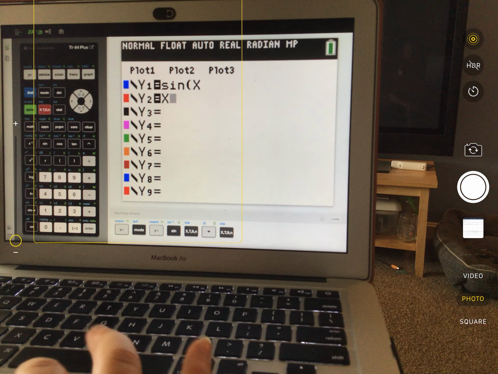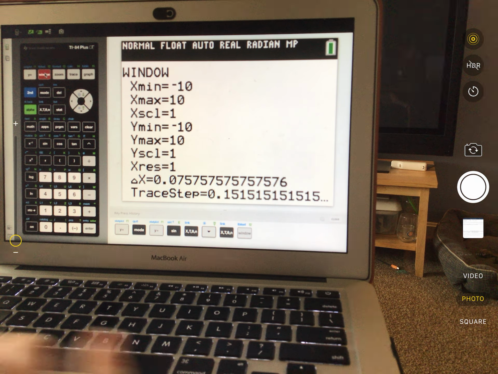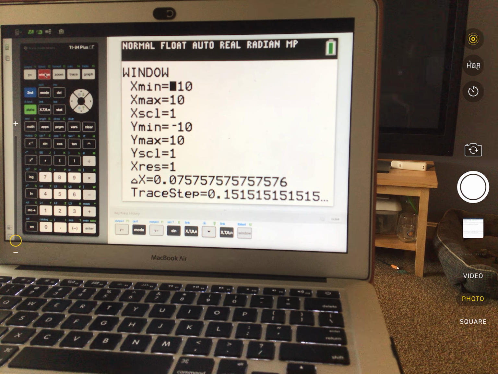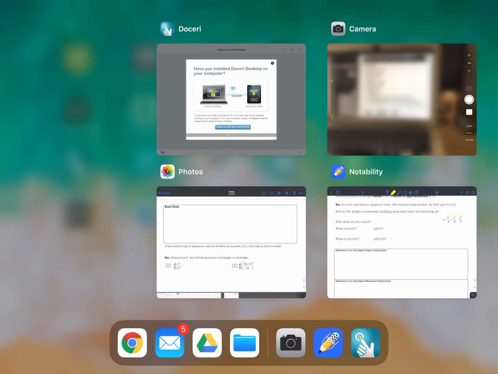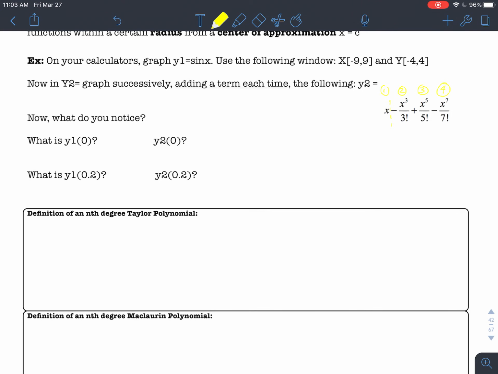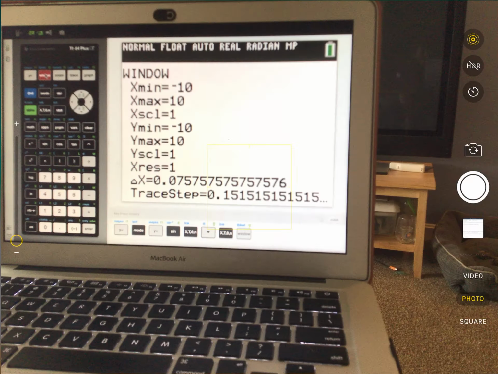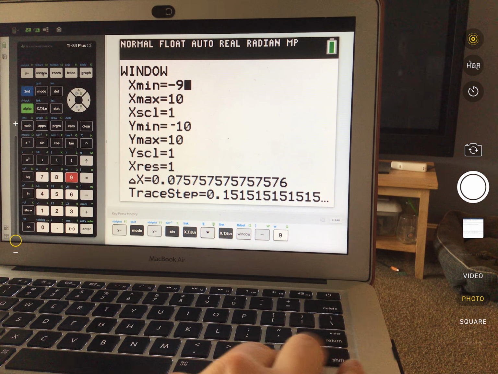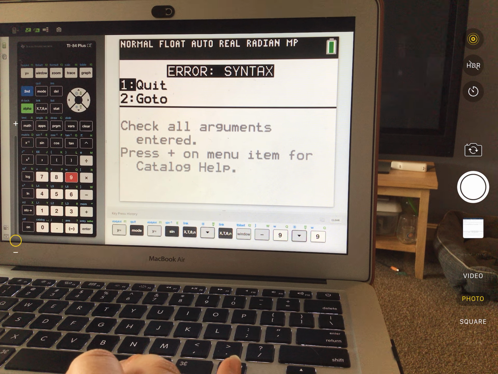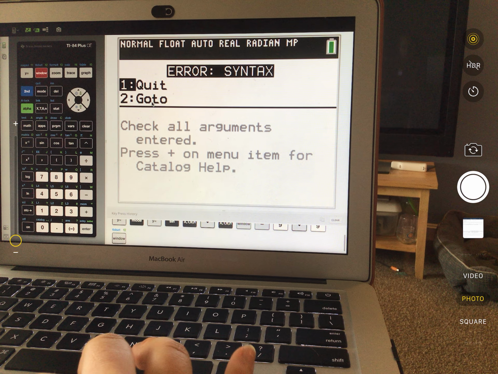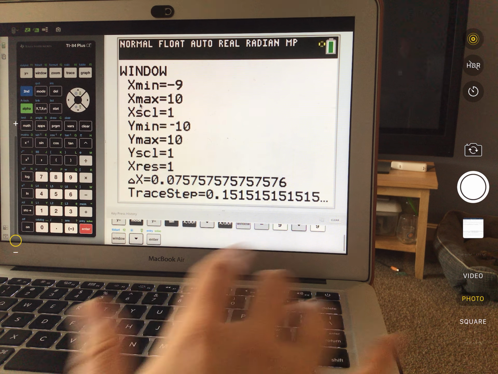So in y1, we're going to put sine of x. And then I'm going to put in our tangent line approximation first. That was y equals x, and then we're going to adjust our window. And if I recall, just flipping back to this a little bit, we got -9 to 9 and -4 to 4.